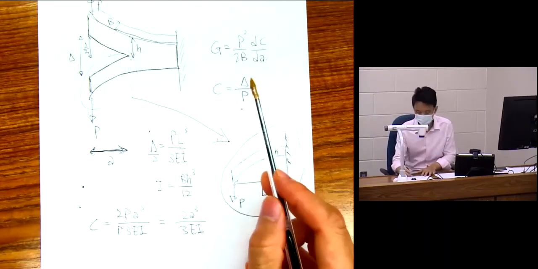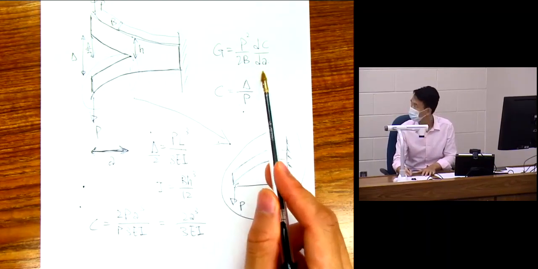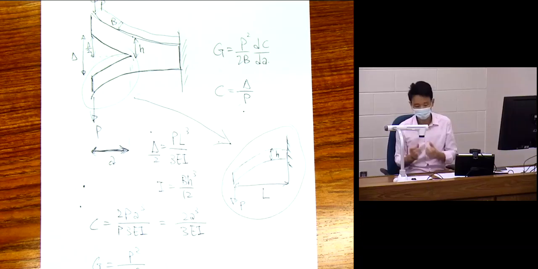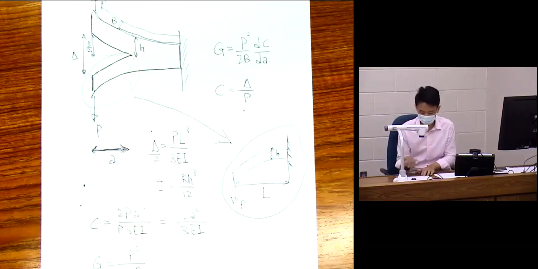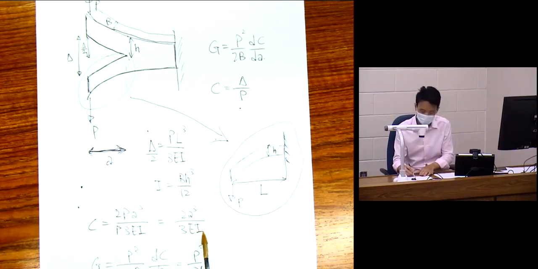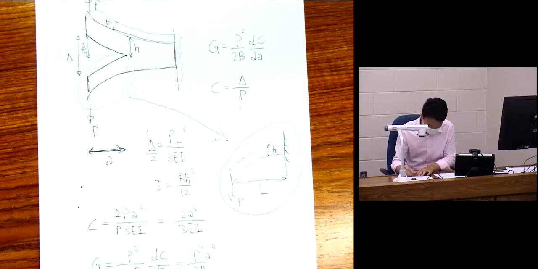So then we can now apply directly the G formula, which is P squared over 2B, B being the width of the solid, which we assume to be constant for the time being, times dC/dA. Differentiating that is very simple. So we get an end result.